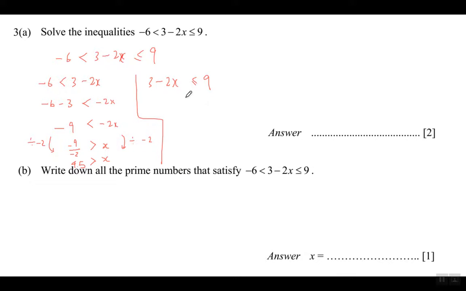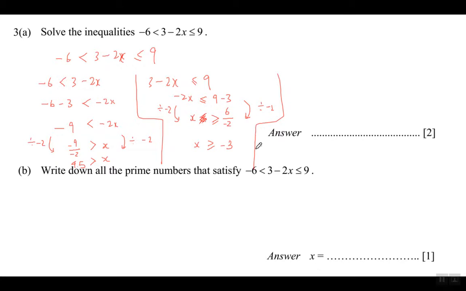3 minus 2x, minus 2x is this, 9 minus 3. So both sides divided by negative 2. Oh no, must change sign. So this becomes 6 divided by negative 2. X is greater than or equal to negative 3.